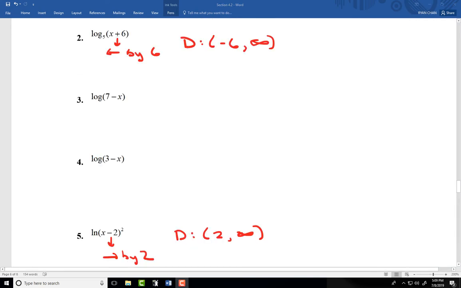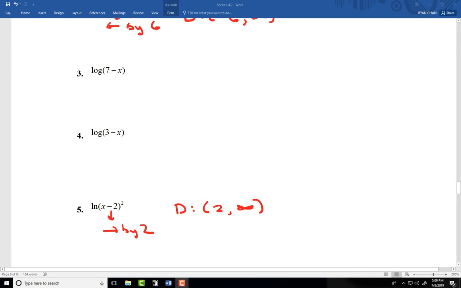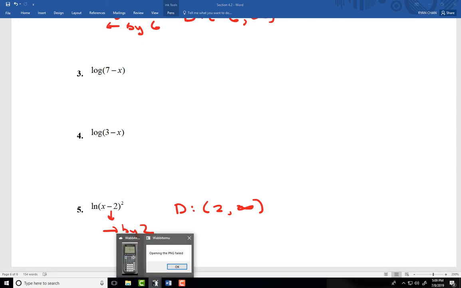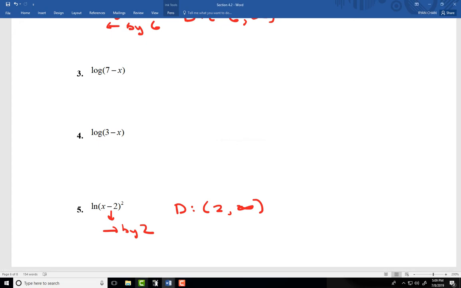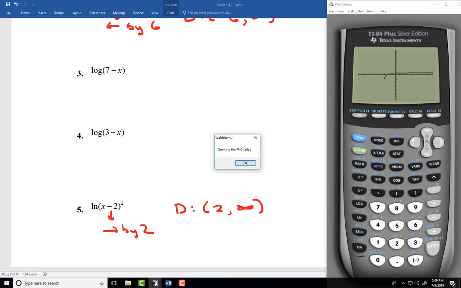Now let's take a look at number 3 here. Notice it's 7 minus x, okay? So here's the thing too, you can actually graph this using your graphing calculator. One thing I do want to let you guys know is when you are graphing log, it only works if you are doing base 10, right?